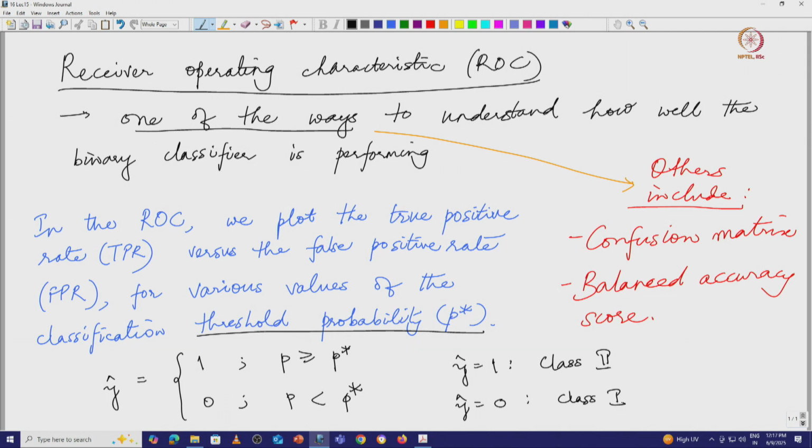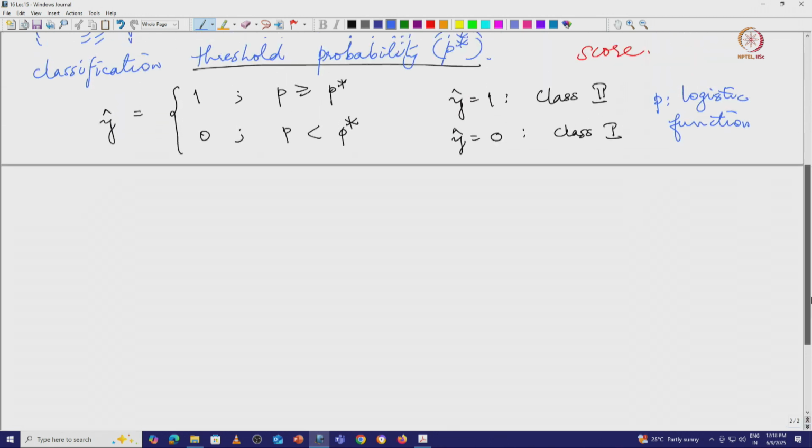So this is how the classifier works, and just to refresh your memory, the p comes from your logistic function, right, which is a sigmoid function that varies smoothly between 0 and 1, right. So now let us see what will happen if we plot the true positive rate versus the false positive rate.